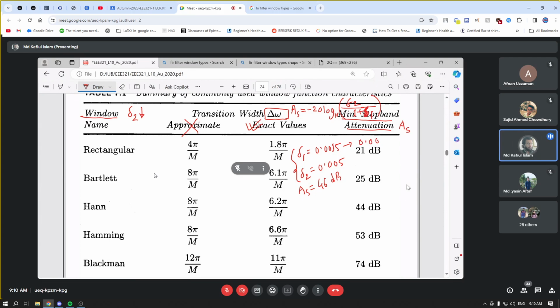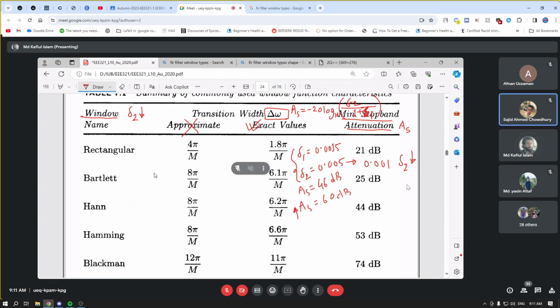Now let us make delta 2 even lower. Delta 1 should remain the same, but let us change delta 2 to an even lower value. Can you again calculate the value of AS now? So what we have done: if delta 2 decreases, what happens to AS?